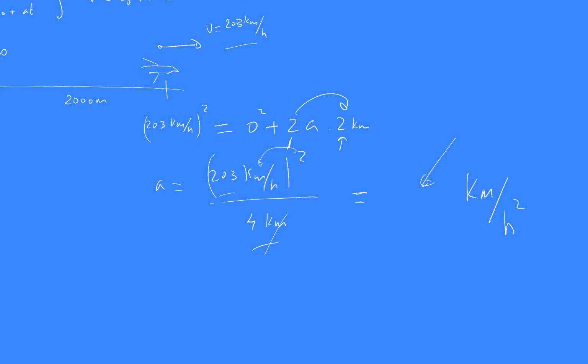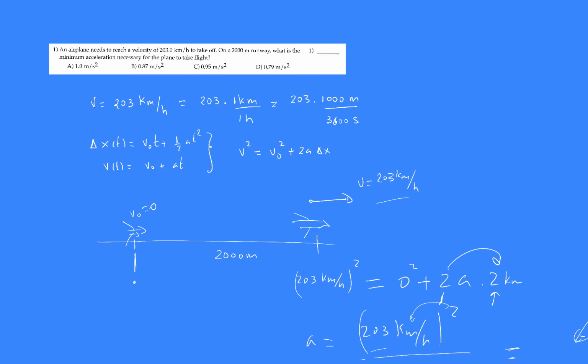Or you need to start the problem by saying that the v is 203 kilometers per hour, or 203 times 1 kilometer divided by 1 hour. So it's 203 times 1,000 divided by 3,600. So you calculate here and you find the velocity in meters per second.